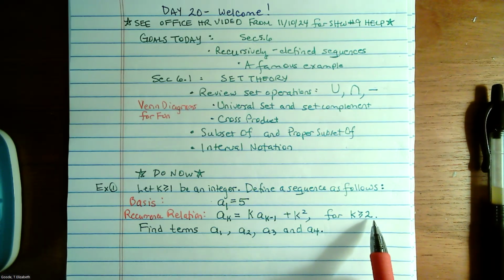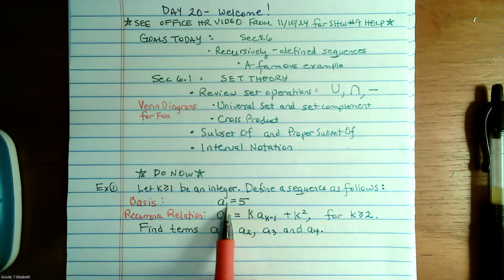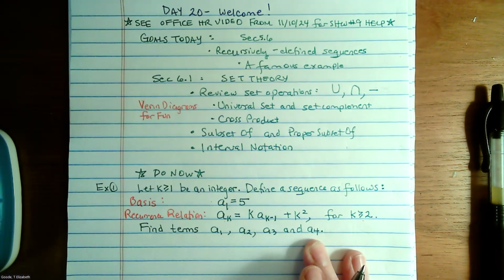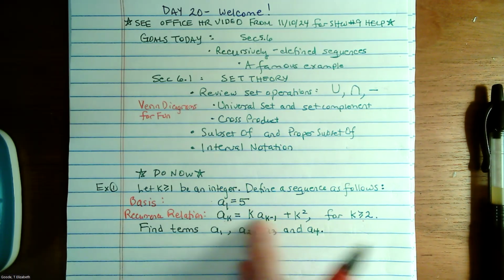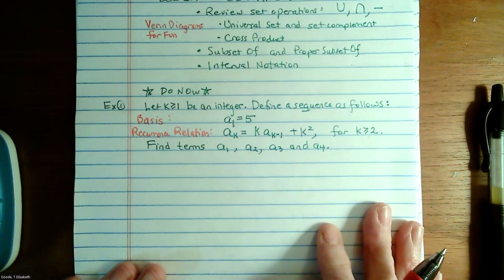Your recurrence relation always starts at the integer that is just above where your basis left off. So here our basis was about A1, so our recurrence relation tells us how to define A2 when k is 2, or A3, A4, and forever after. So can you find the terms A1, A2, A3, and A4 with this recursive sequence? Let's do that together.